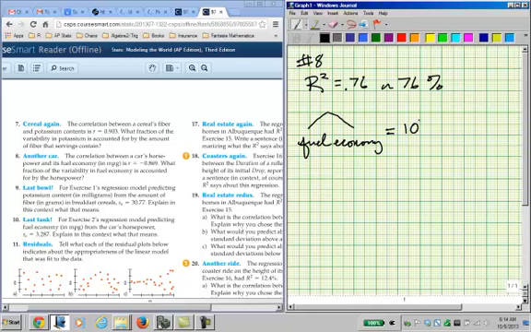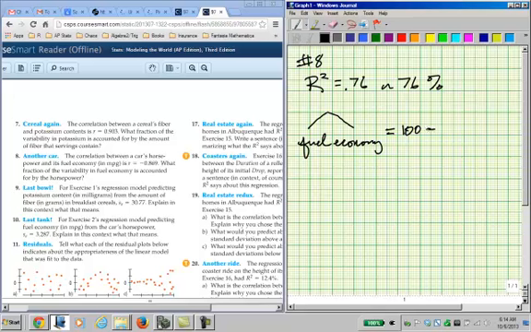Let's say that's your fuel economy when your horsepower is 0. Or it's probably much higher than this. Let's say you get 100 miles per gallon when you have 0 horsepower. Obviously 0 horsepower is completely outside the domain.